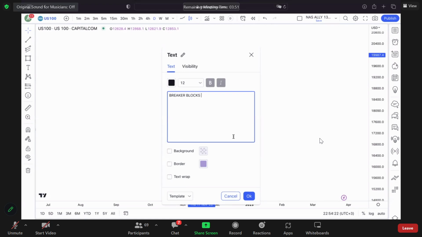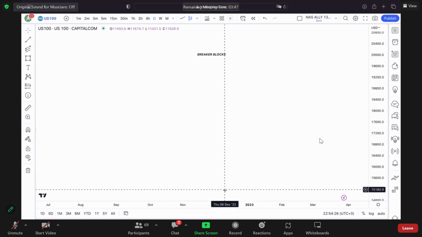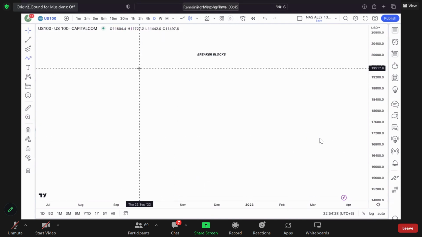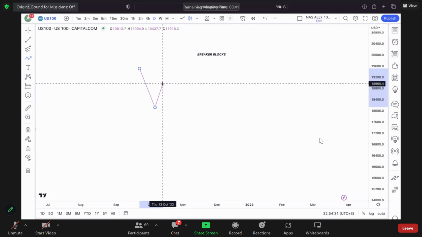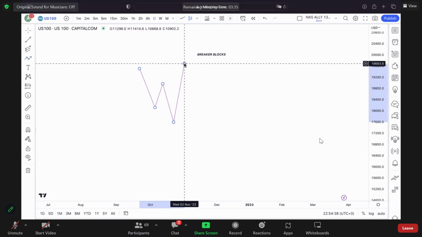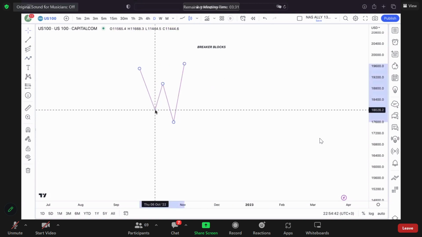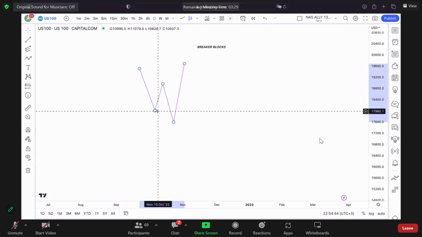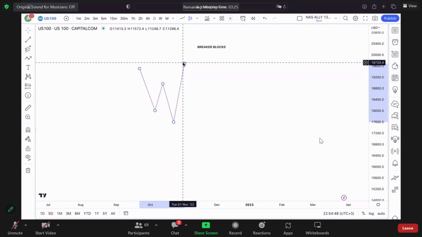Now, what makes it a breaker block? Let's say for example the market drives lower and then all of a sudden drives higher. This can come in the form of it taking liquidity below this low, and then the market having enough momentum to drive higher.